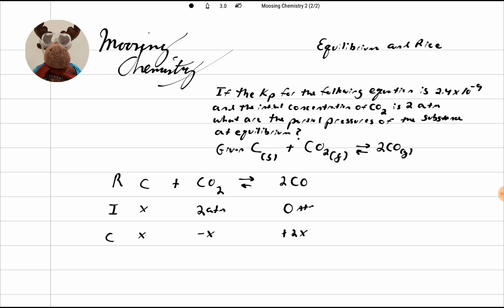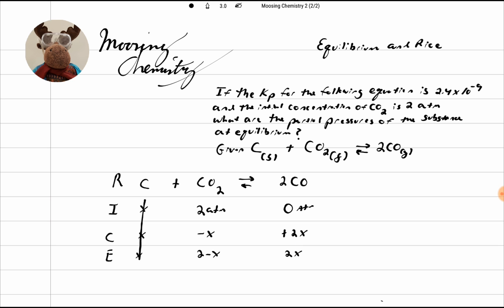Now, the evaluation. This solid doesn't have anything to do with it, so we just scratch these. So this is 2 minus x, and this is 2x.